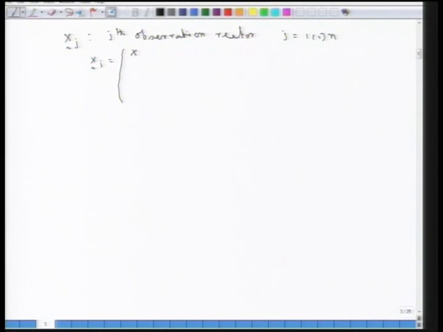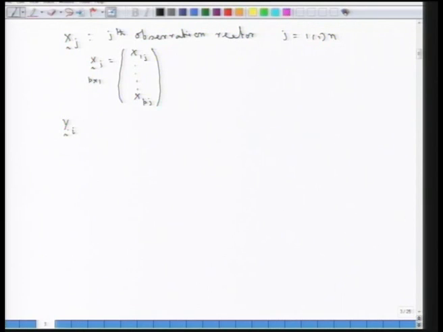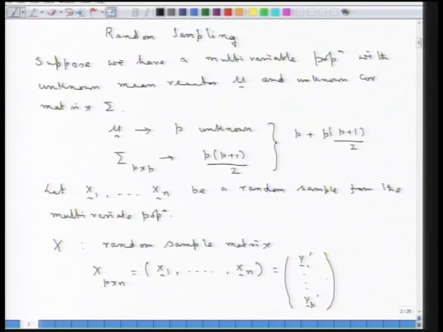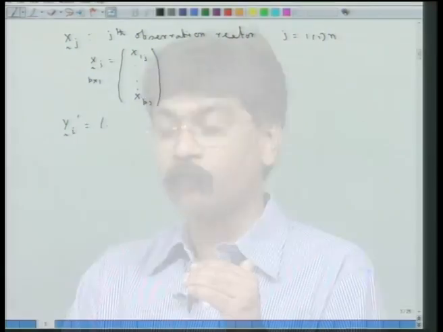Here the xj vector is given by x1j up to xpj. Each of these is p dimensional, because that is the jth observation vector corresponding to the p dimensional random vector. Similarly, the yi prime that we defined holds the observations corresponding to the ith variable, that is, the ith row of that matrix.